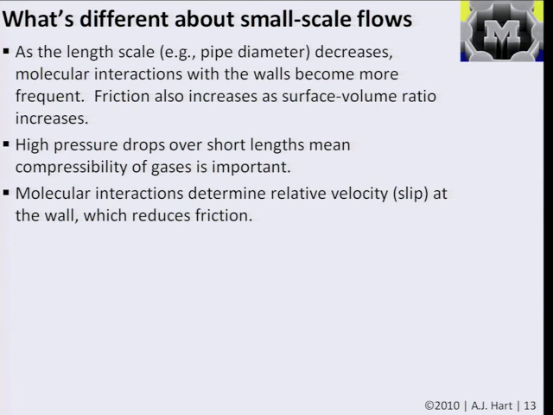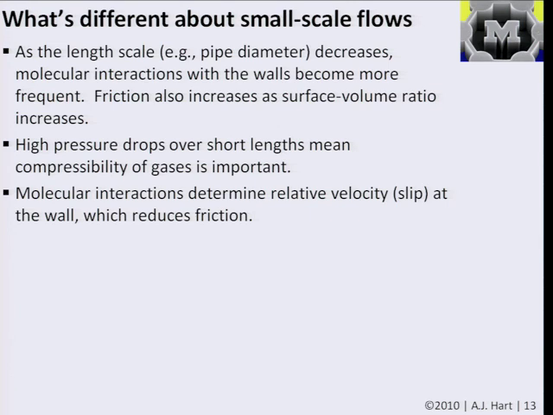And it turns out that as pipe size gets smaller, the amount of friction increases and the importance of the molecular interactions grows. And that makes us need to abandon the no slip condition, the condition where we said that molecules don't move relative to the wall.